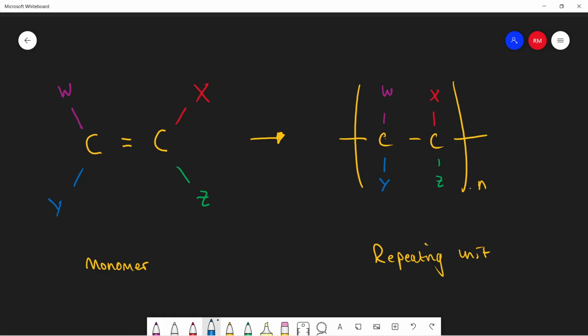So we'll draw in our Y here, and you can see how this double bond's gone to a single here, and we've got 2 bonds coming out of the outsides of our brackets. These brackets are typically either curved like this or square brackets, and we have our n repeating unit here.